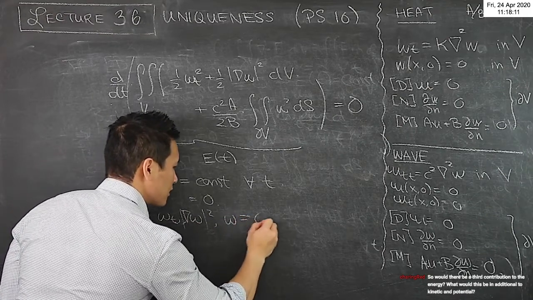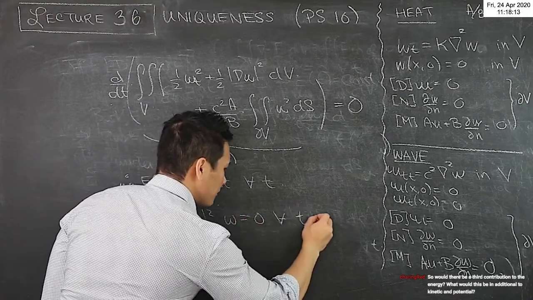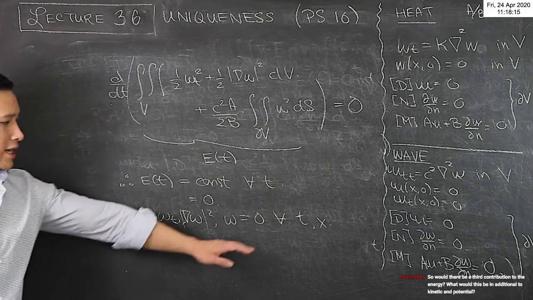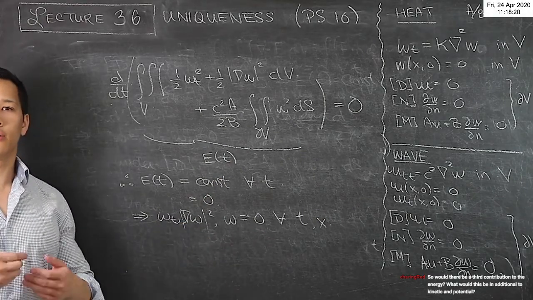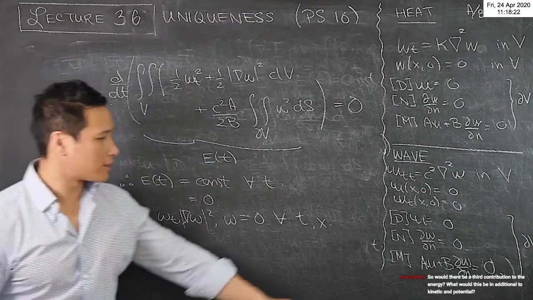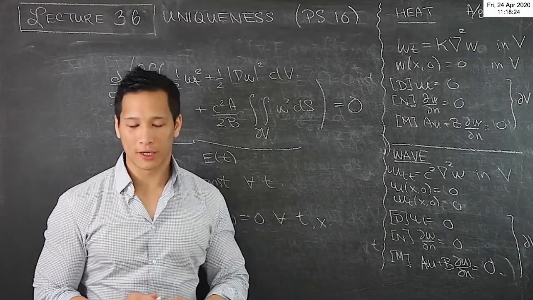W is equal to 0 for all time in space. And this last condition is enough to ensure uniqueness. So you have W is equal to 0, so U is equal to V. So in all three cases, D, N, and M, you have uniqueness.